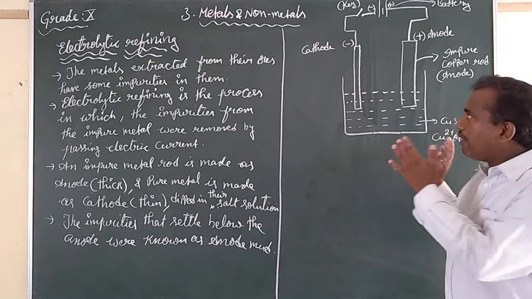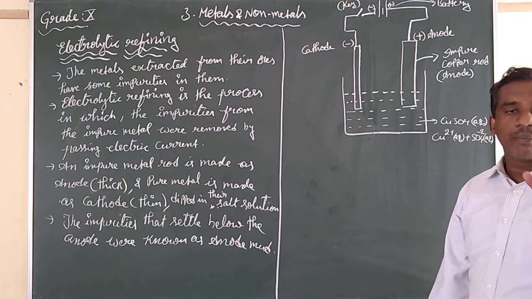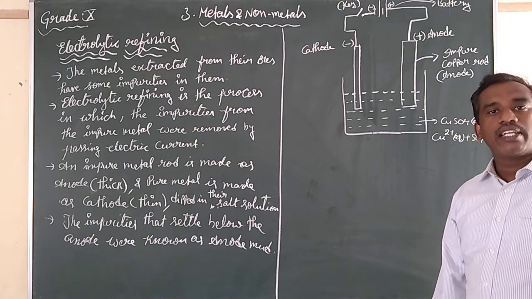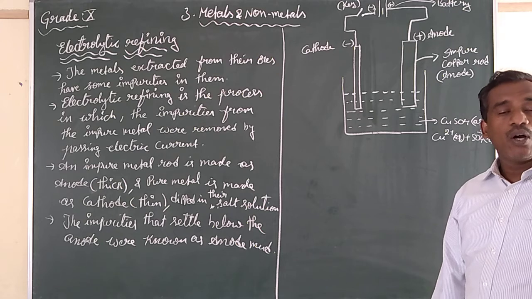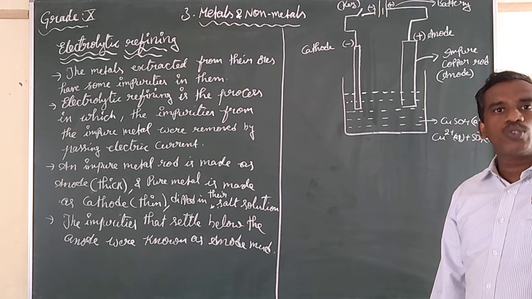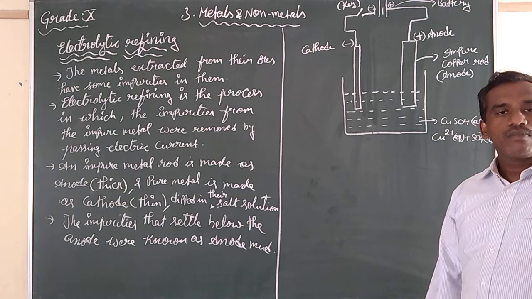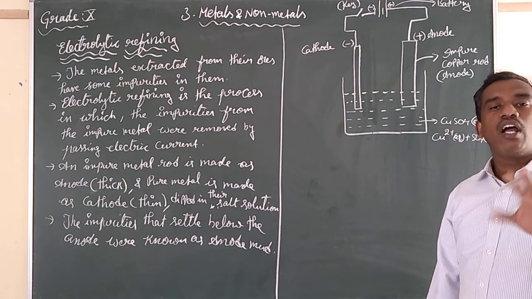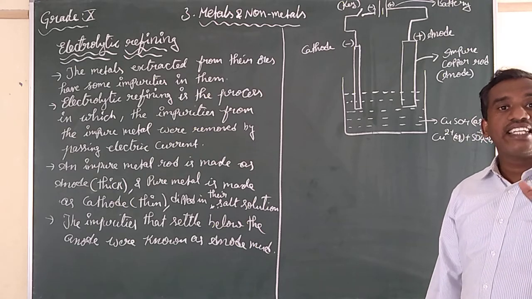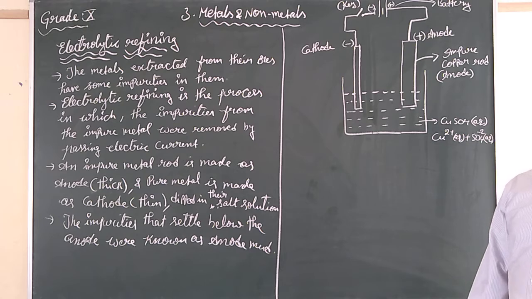Here we have one very important diagram for this topic. This topic is called electrolytic refining. What is the purpose of electrolytic refining? It is used to remove the impurities from the metal extracted from the ore by passing electrical current through the metal.